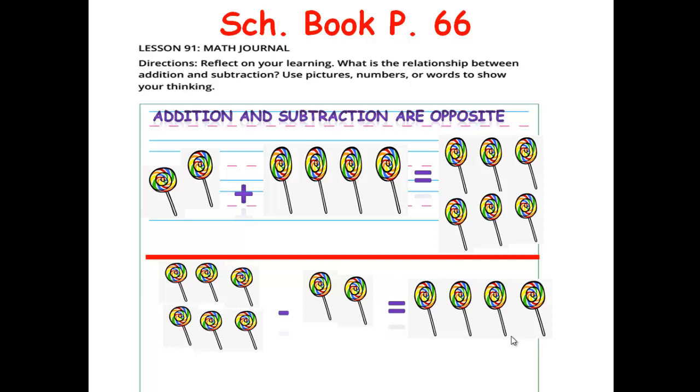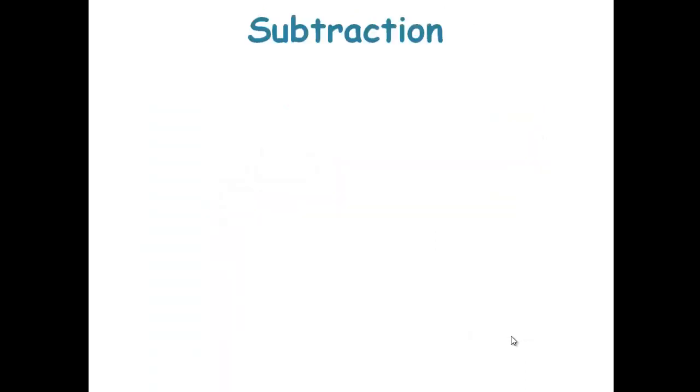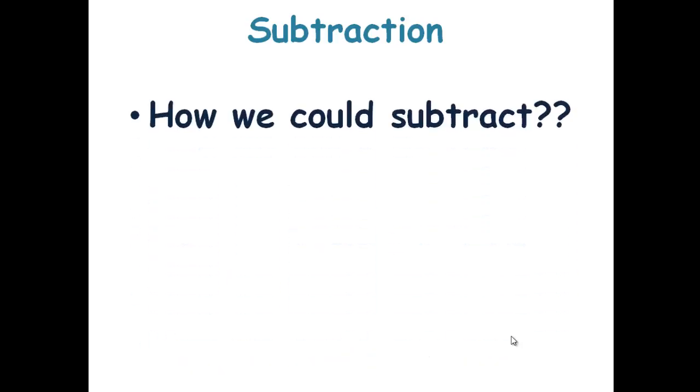Now we finish the revision of yesterday's lesson. Let's go to our lesson today. Our lesson today is talking about subtraction. I know that all of you learned subtraction with me. But first, let us know how we could subtract.